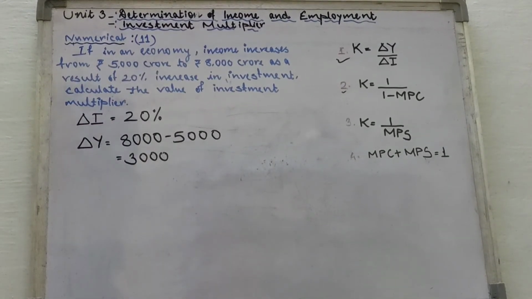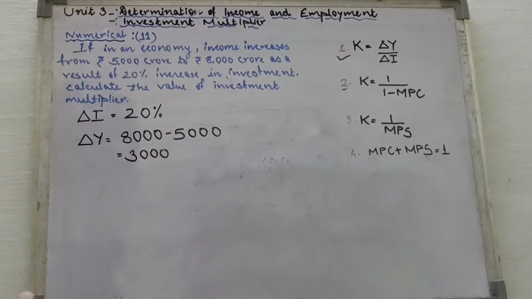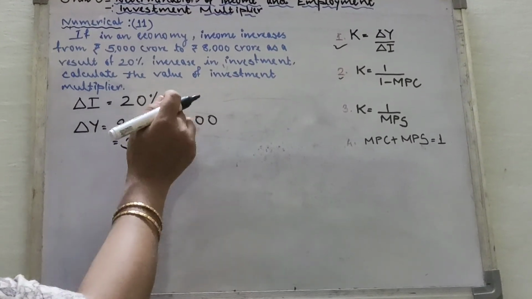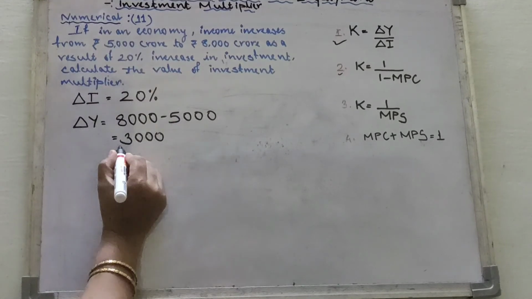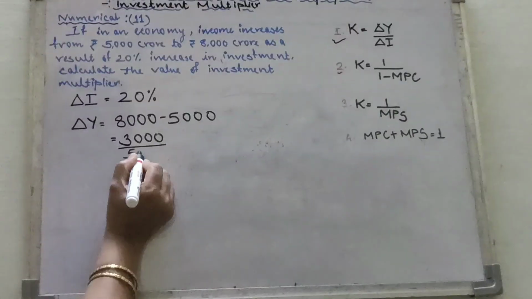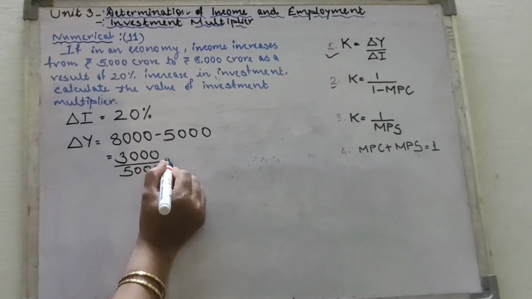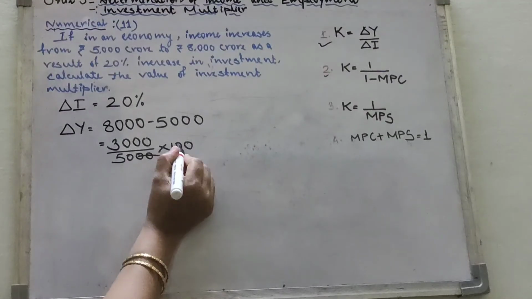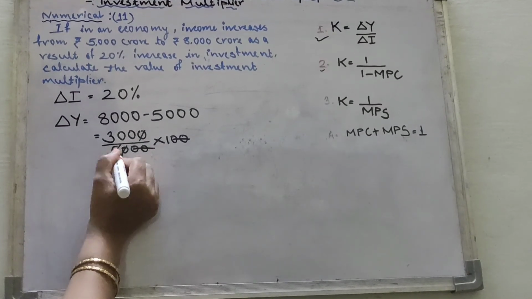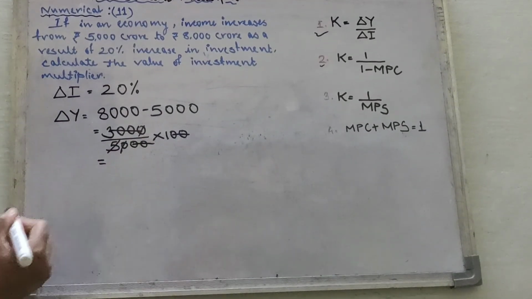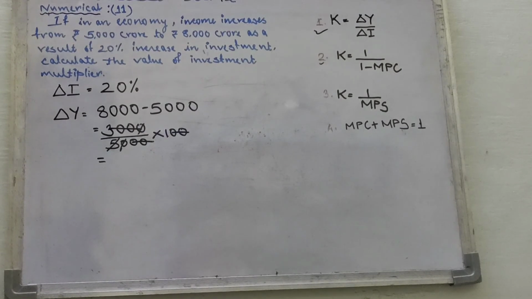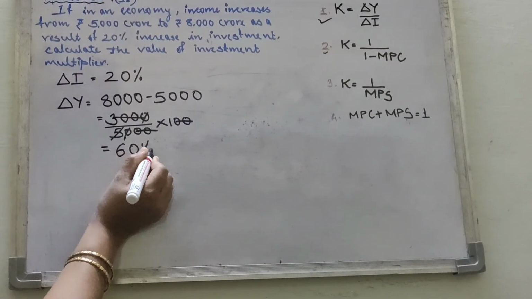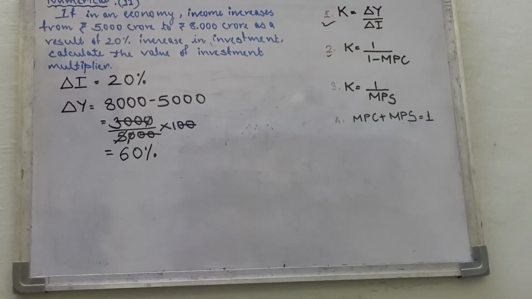Now since it is given in percentage, we will find the percentage change in the income, that is 3,000 out of 5,000. And to find the percentage, multiplied by 100, we will multiply by 100, and that means there is a 60% change in the income.